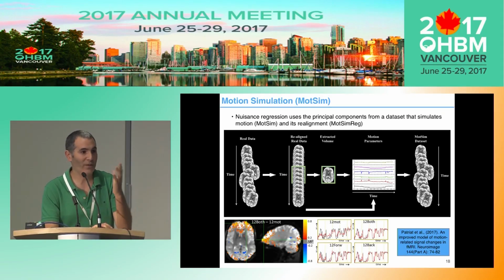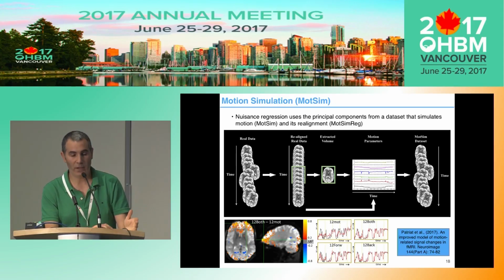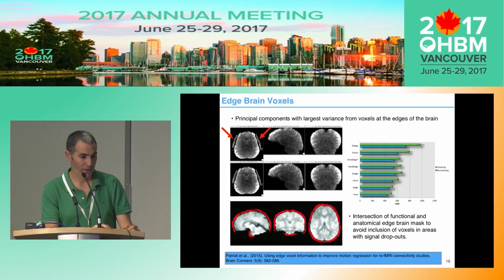Then, of course, you don't have neuronal activity in that new motion-simulated data set, and then you compute the principal components of that data set that you can incorporate in your model as nuisance regressors, or you could actually apply the realignment on that data set and compute the principal components of both data sets. And it turns out that it explains more variability related to motion than using the realignment parameters.